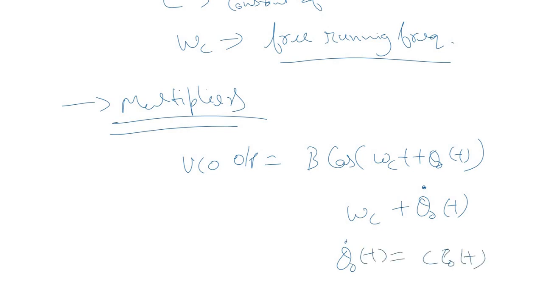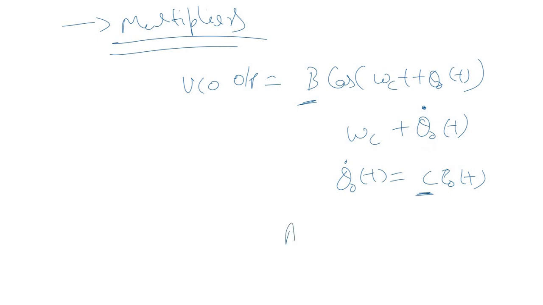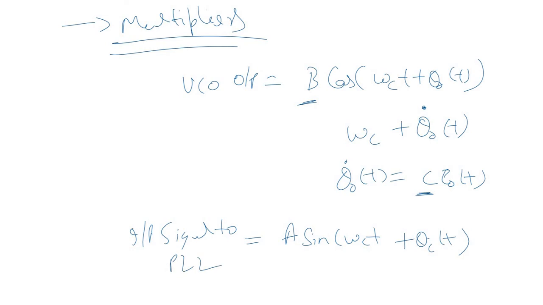You know this relationship, where C and B are the constant parameters of the PLL, and we know the incoming signal is A sine omega ct plus theta it. This is the input signal to the PLL.